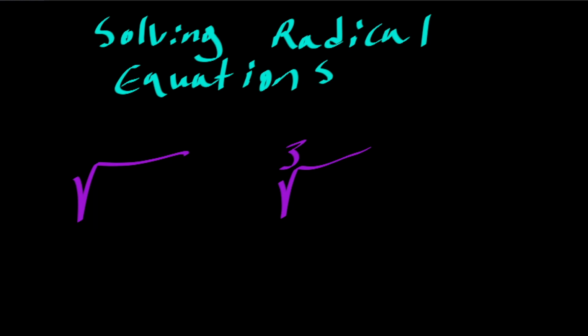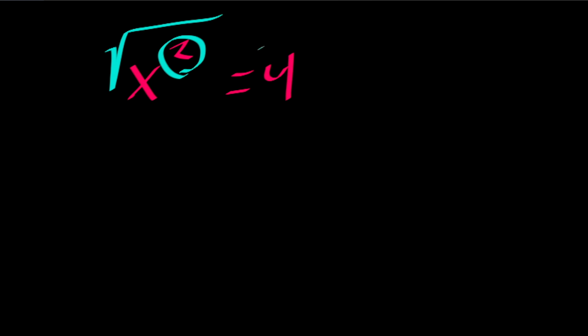Now, let's start here, because you've probably seen this before, you just don't realize that it was connected. If I gave you x squared equals 4, a lot of you would know how to solve this because you would know the opposite of this exponent 2, or the inverse operation, would be a square root.